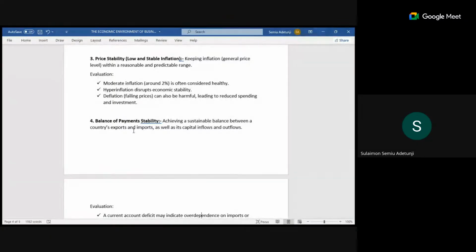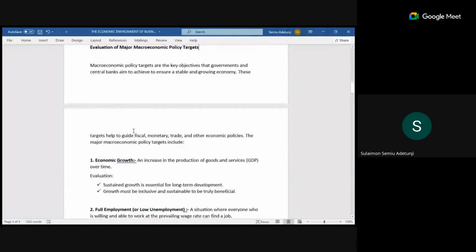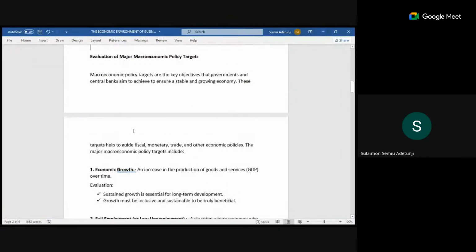So those are the things you look for in an economy that is growing: how stable is the price, how stable is the inflation. If the inflation is not stable, then achieving that economic growth is not realistic.